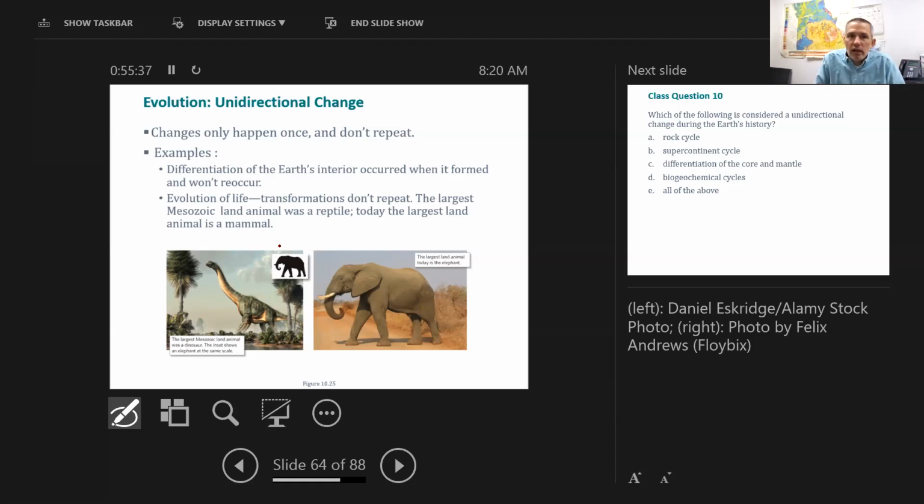And when we start seeing life on Earth, these different transformations aren't going to necessarily repeat. They're going to occur one way. During the Mesozoic, the largest land animal is a reptile. Today, the largest land animal is a mammal. Again, filling in those different niches.